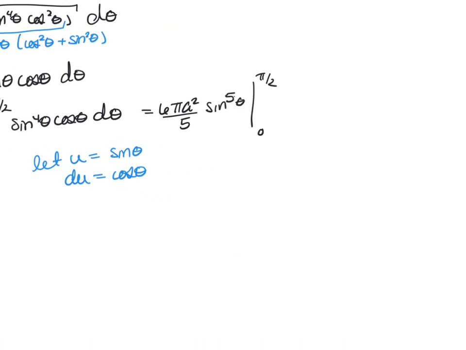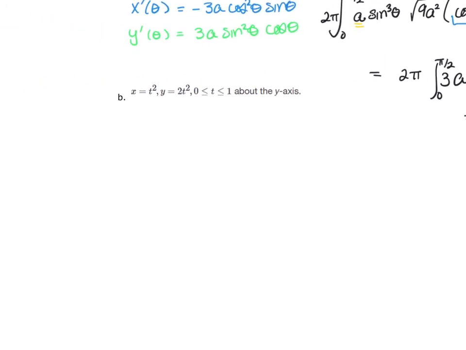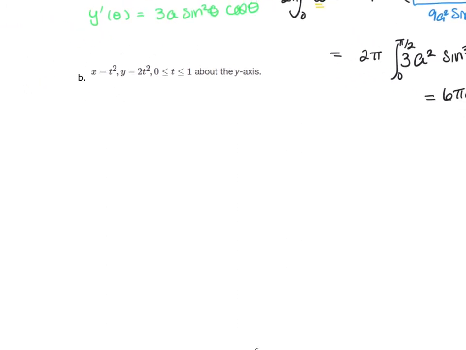And so my final answer is simply going to be 6 pi a squared divided by 5, because the sine of 0 is 0. The sine of pi over 2 is 1. So there's that one. Let's take a look at my last example here.